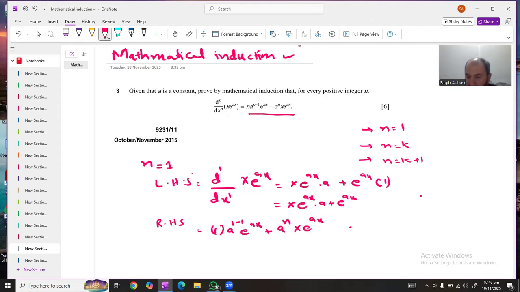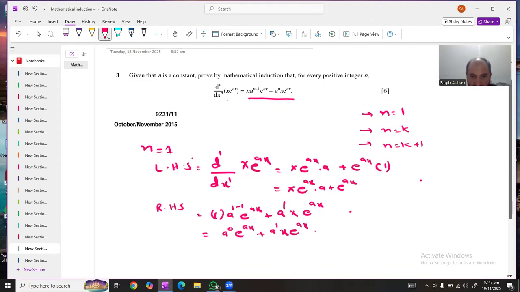Here we put 1 instead of n. Next step is a power 0 e power ax plus a power 1 x e power ax. We can represent it by small x. I think it's correct. Now our right side is e power ax and a x e power ax.